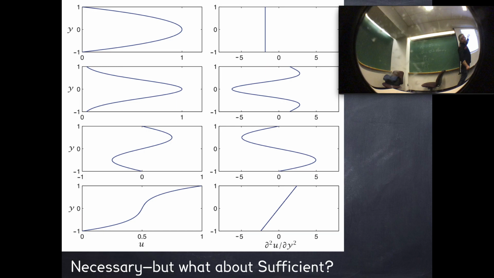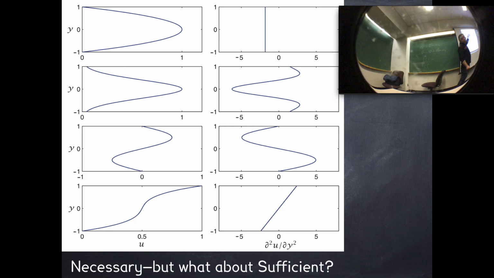It looks an awful lot like that jet, except it has these little reversals. There's an inflection point here and here, going from curvature that way to curvature that way, concave this way to concave that way. And what does that do to the sign of U_yy? It's unstable.